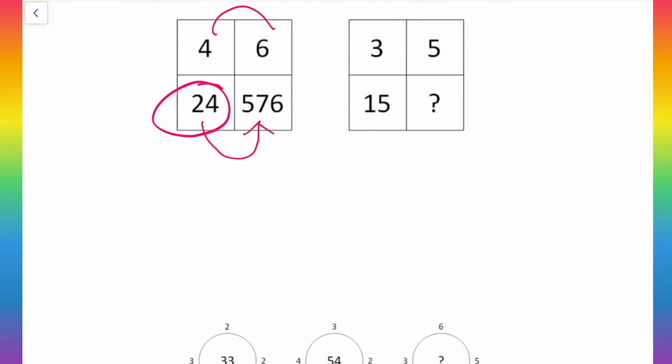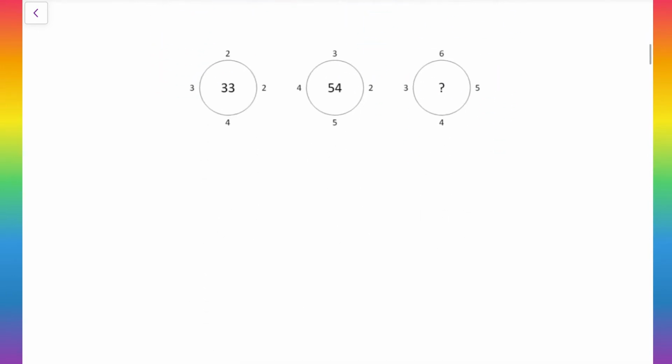Let us apply the same logic here also. 3 fives are 15, then we want 15 square. So 15 square is nothing but 225. Next question.